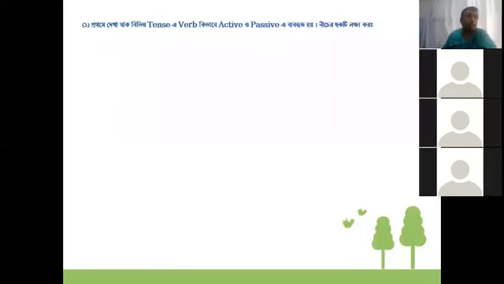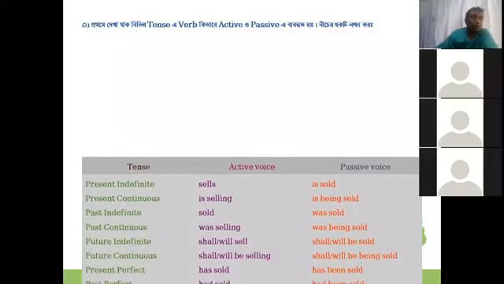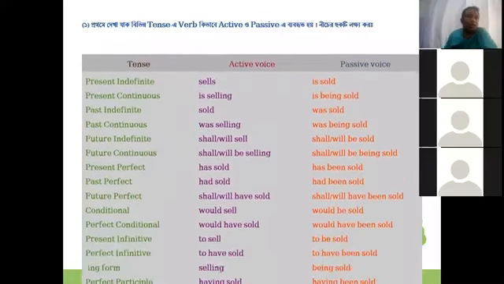Now let us see how a verb is used in different tenses in their active and passive structures. We have taken a verb as an example, which is sell, S-E-L-L, sell.